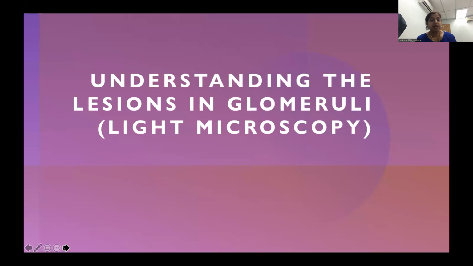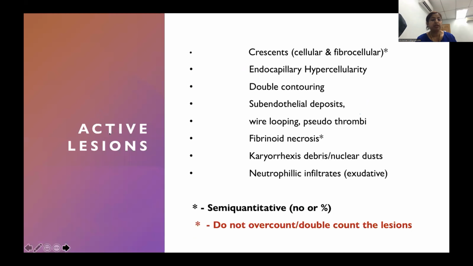So let us understand the lesions in the light microscopy. I told you just now that I have divided it into two components, active and chronic. If you keep this as a checklist, I think you will never go wrong. So these are the active lesions. Crescents, cellular and fibrocellular, are under active lesions. Fibrous unfortunately comes under chronic lesions.